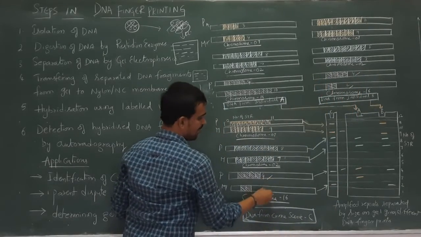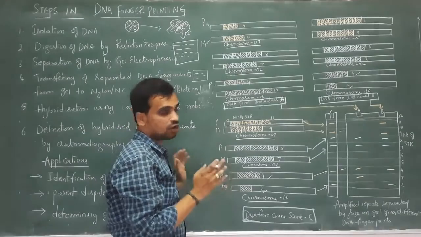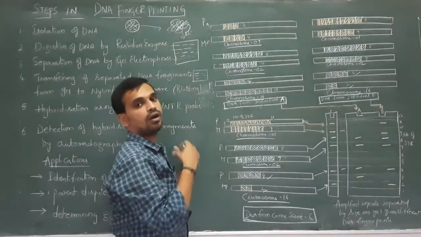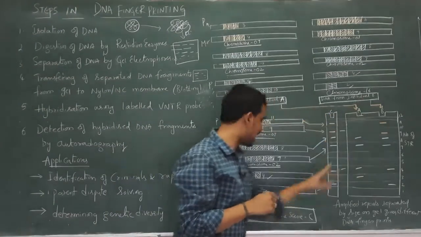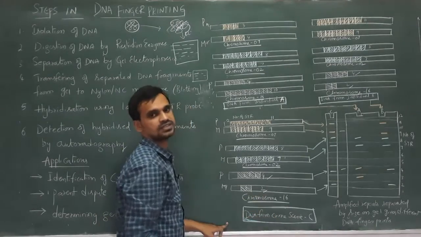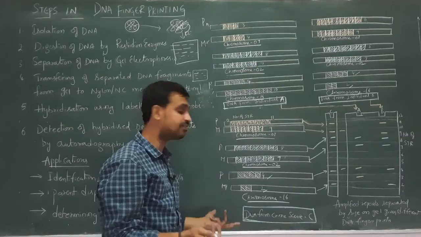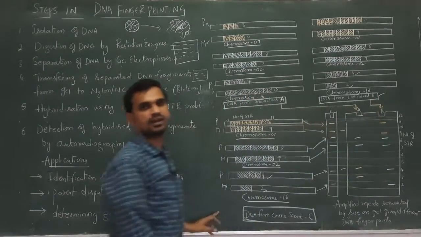Here it is the same match. So if you keenly observe, the tandem repeats present in all the chromosomes of individual B matched with all the chromosomes of the DNA isolated from the crime scene. See, so you can easily identify that individual B is the criminal.